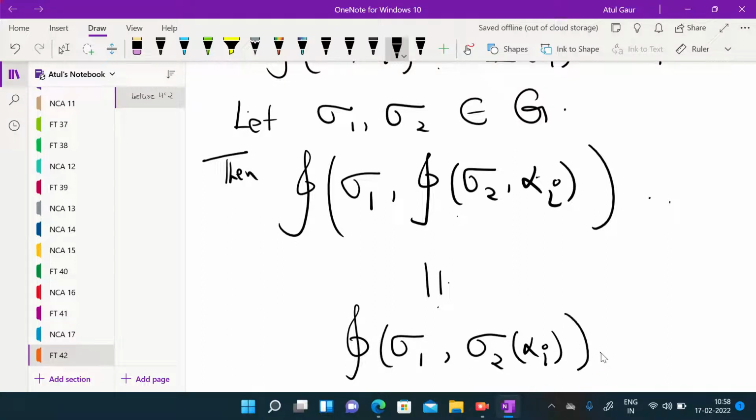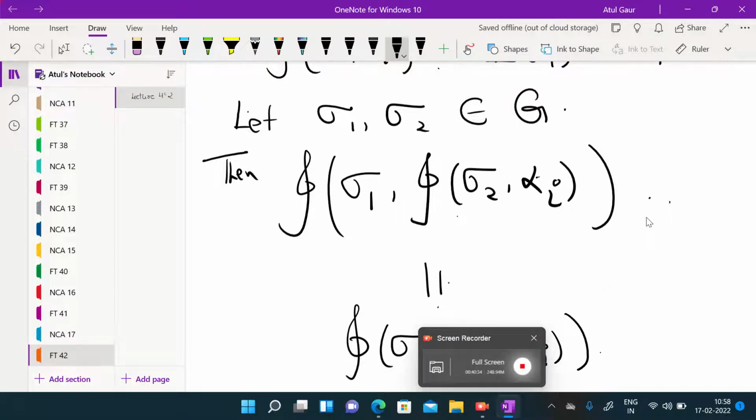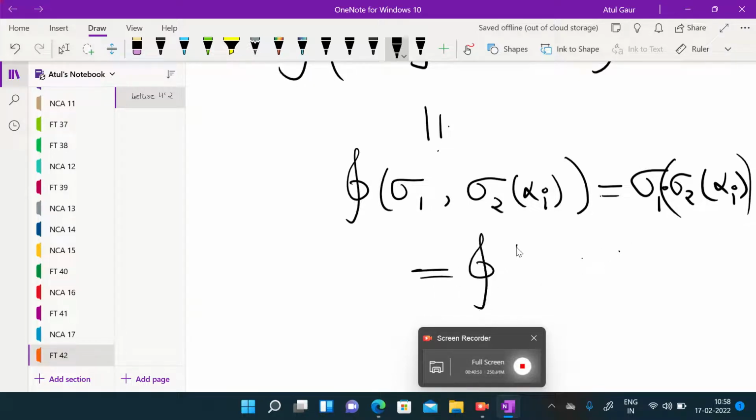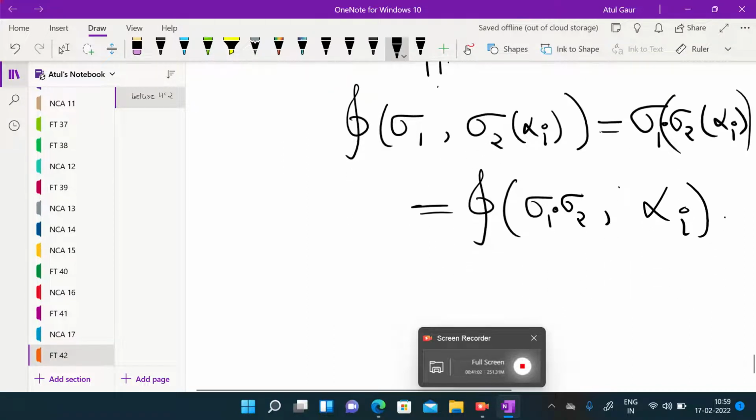That's how we are defining phi. Then this will be sigma 1 of sigma 2 alpha_i. Is that fine? And this is exactly the same as phi of (sigma 1 composed with sigma 2, alpha_i). So phi satisfies 1 also.